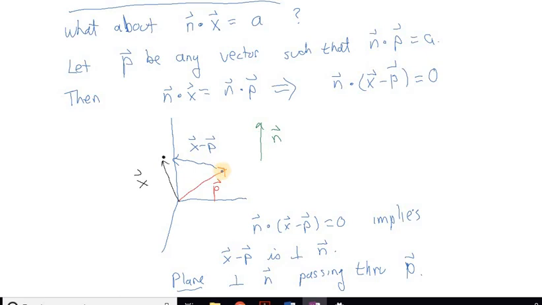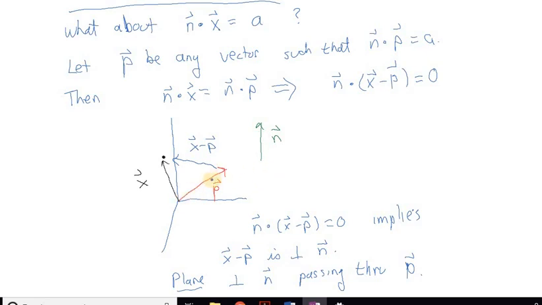Notice that this is actually a particular solution. My p is a particular solution. And here I'm getting a homogeneous solution. My x minus p is a homogeneous solution. So this is a whole other picture of particular plus homogeneous. The homogeneous corresponds to a plane through the origin, and the particular vector shifts it out away from the origin, and I get a plane through p.